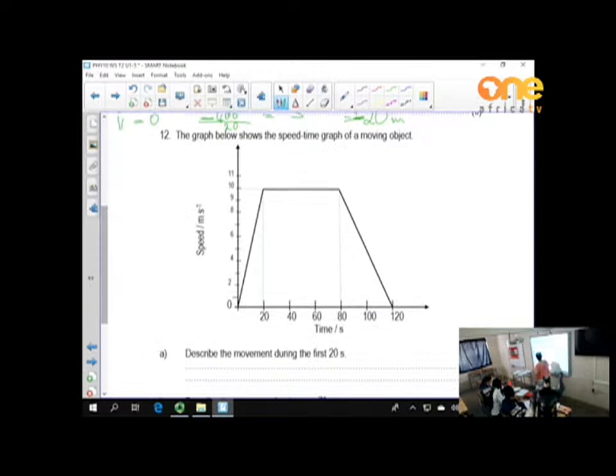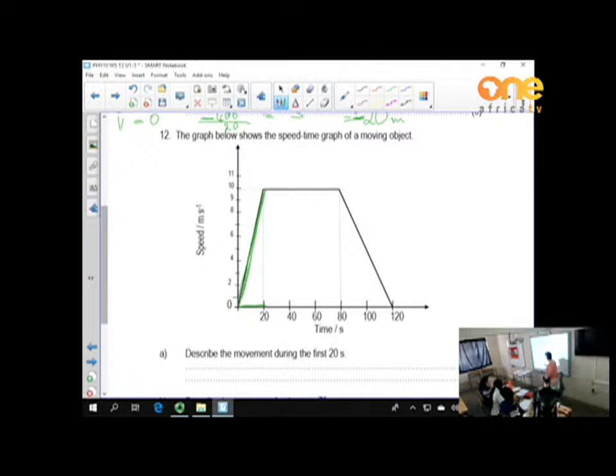Number 12, the graph below shows the speed time graph of a moving object. Describe the movement during the first 20 seconds. Well, a speed time graph, if the line has a gradient, what does it mean? Constant velocity or constant acceleration? Constant acceleration.